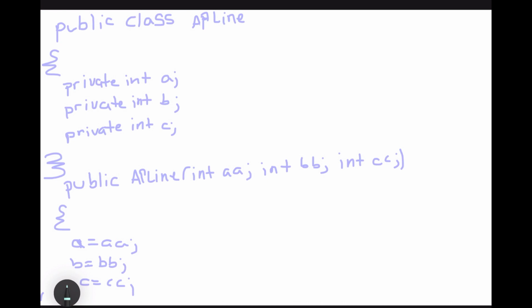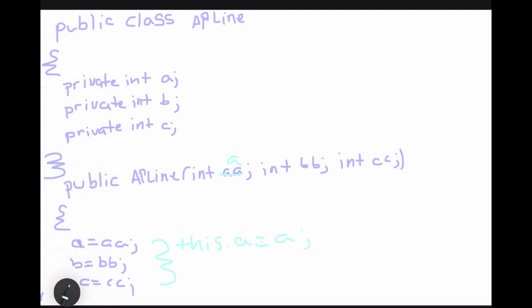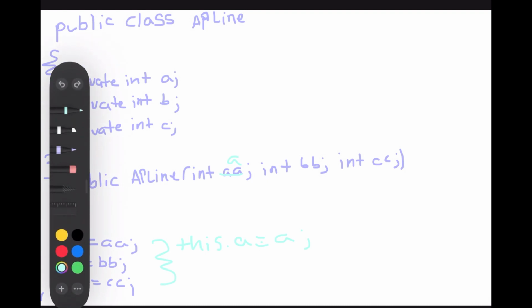Instead of this, we could have done this.a equals a, and the same thing, this.b equals b, and up here, instead of writing int AA, we could just write int a, int b, int c, but I didn't do that because then it would kind of get confusing. So that's why I just set A equals AA.